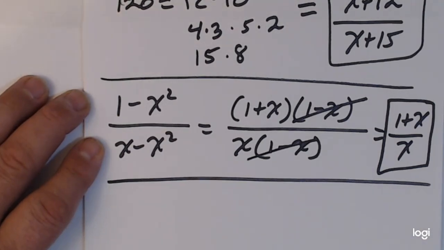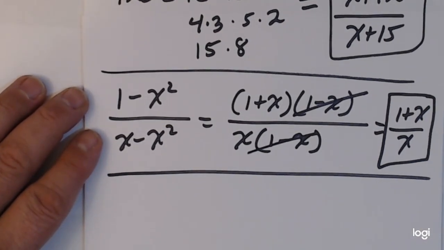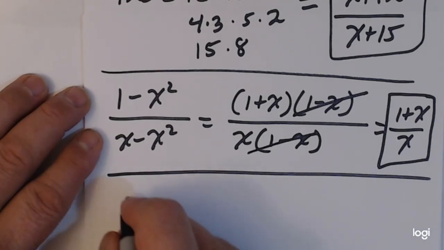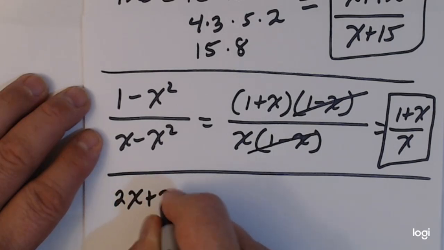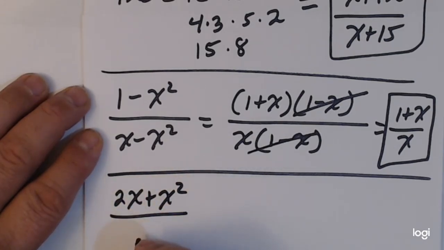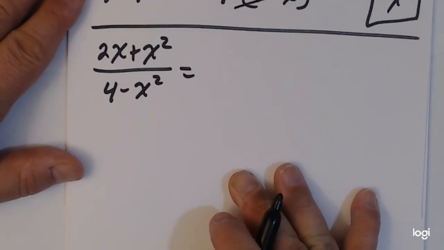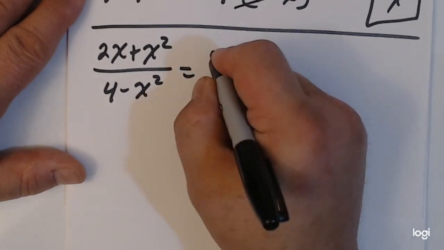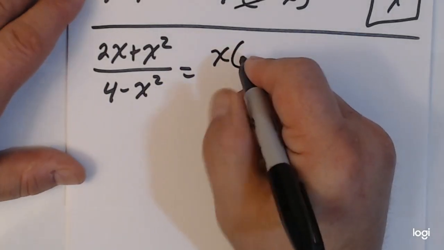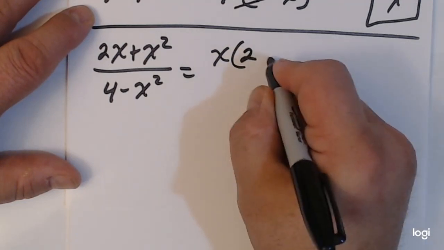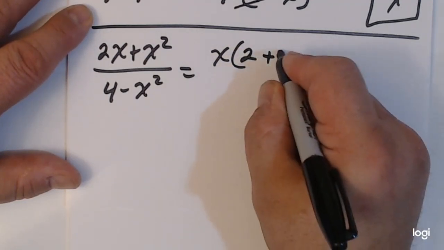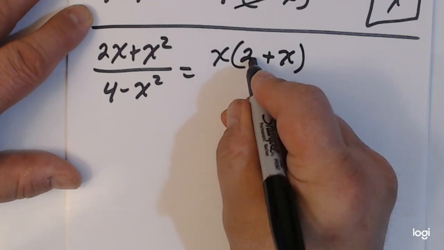Let's do another one here. How about 2x plus x squared over 4 minus x squared? So let's factor out an x from the numerator. We get x times what is 2x? X times 2 plus x, right? X times 2 is 2x.